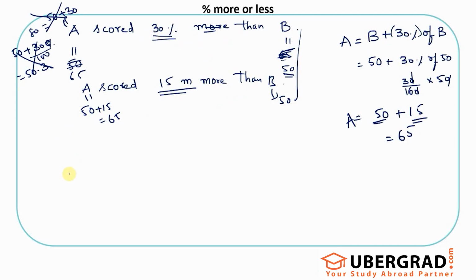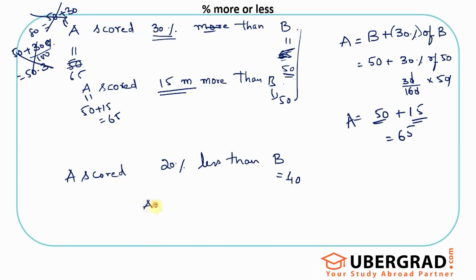So I could also say A scored 20% less than B. Let's say this is another clue, and let's take again that B scored 40 for this example. What should I do? Just try it once. Hope you've given a shot.